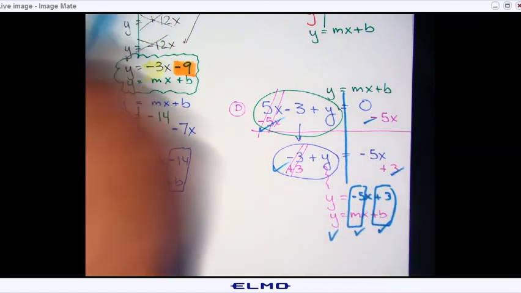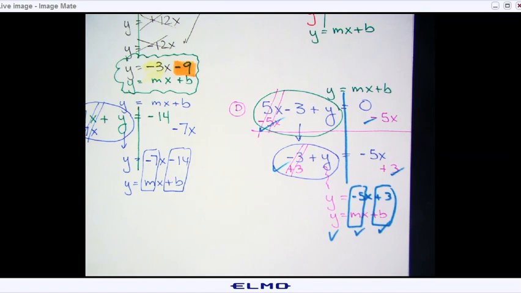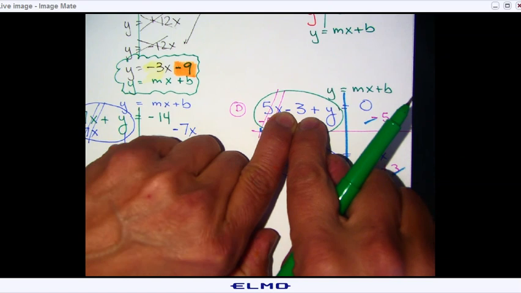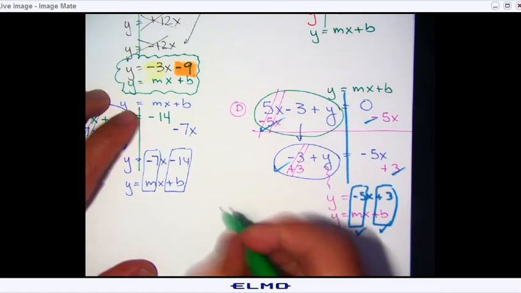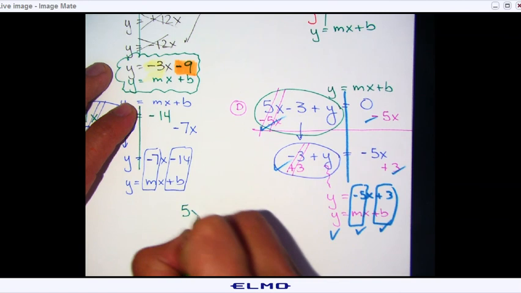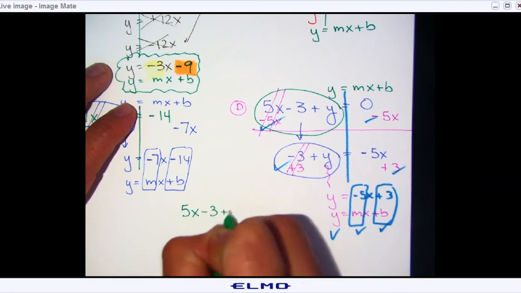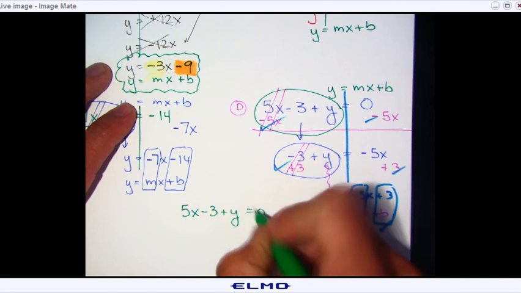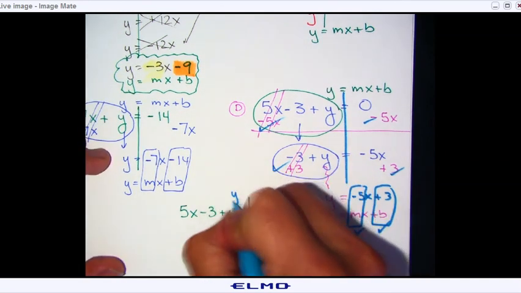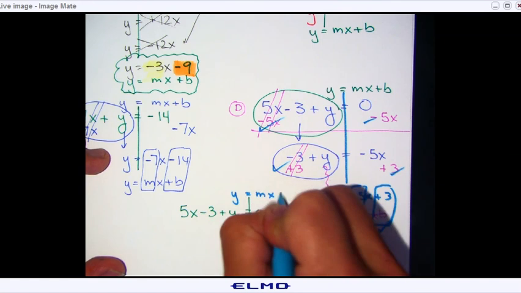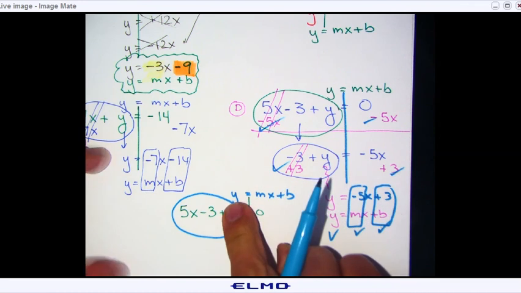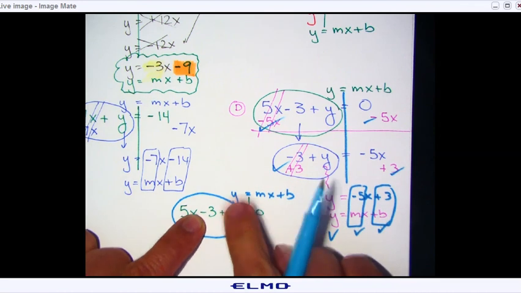Now, Mister, can I have done the other one first? Can I have done negative 3 first? Well, let's check it out. Now, you don't have to write this. Just check it out. Watch. 5x minus 3 plus y equals 0. Draw the line. Write y equals mx plus b. So let's circle. Let's get rid of the negative 3. How?